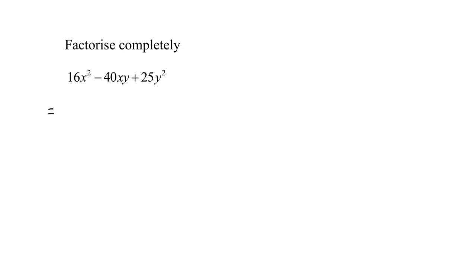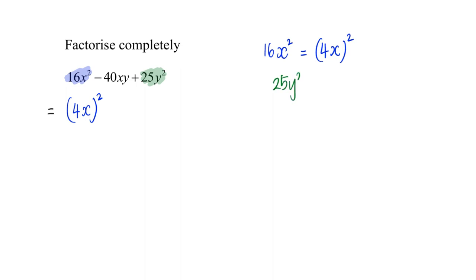I saw that 16x squared and 25y squared, 16x squared, I can write it as 4x squared. 4 times 4 is 16. x times x is x squared. 25y squared, I can actually rewrite it as 5y, the whole thing squared. 5 times 5 is 25. y times y is y squared.